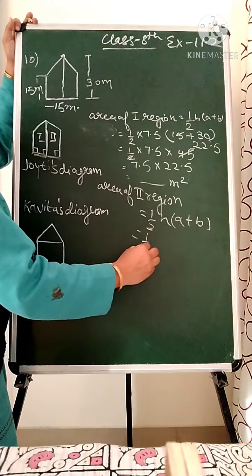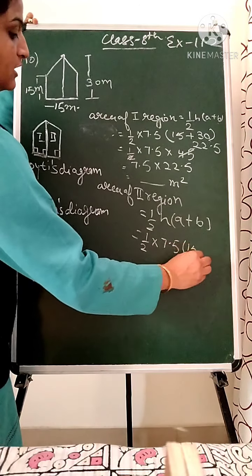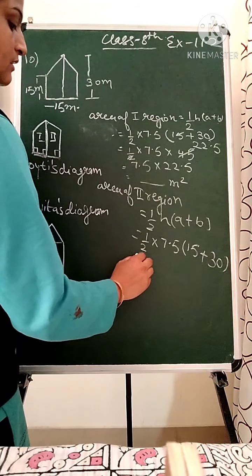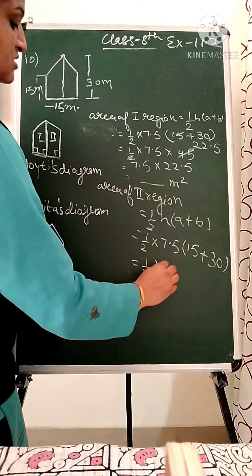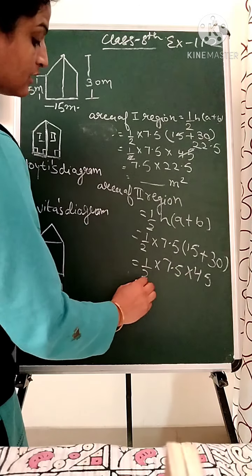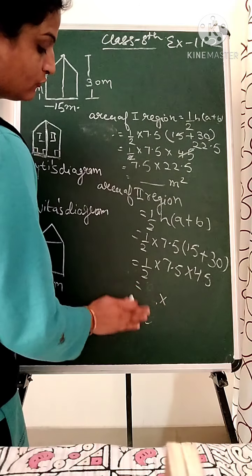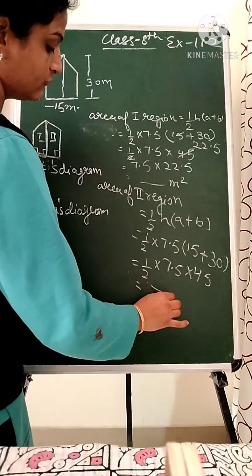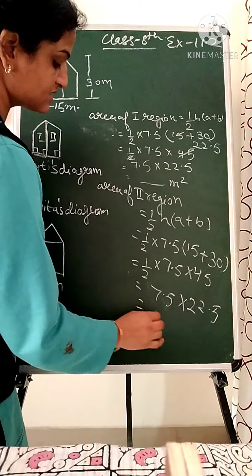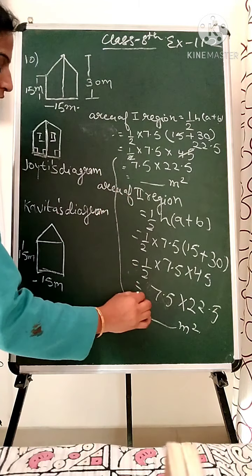Same way, 1 by 2 into 7.5, 15 plus 30. 1 by 2, 7.5 into 45. Clear? Sorry, not 1 by 2, 7.5 multiply 22.5. Whatever the answer you get is in meter square.